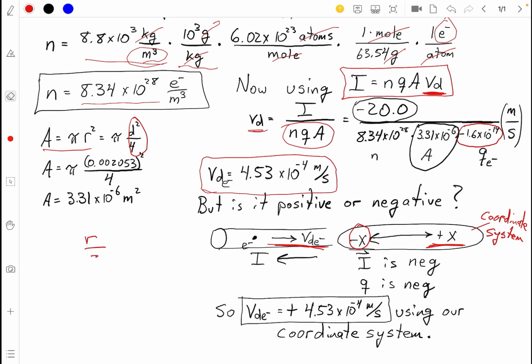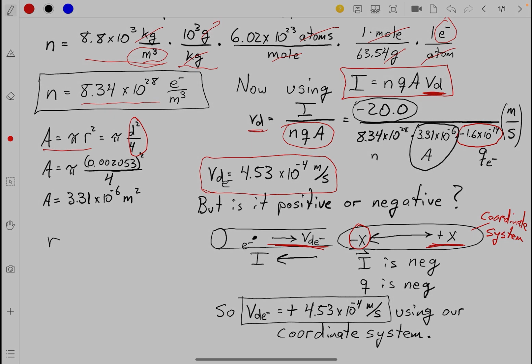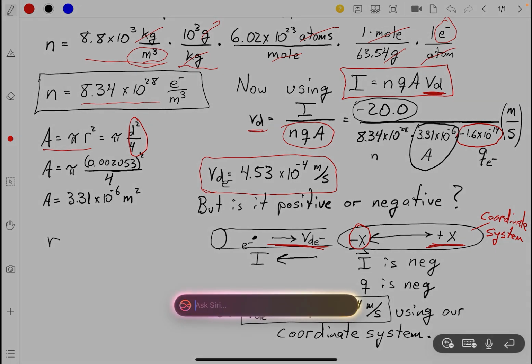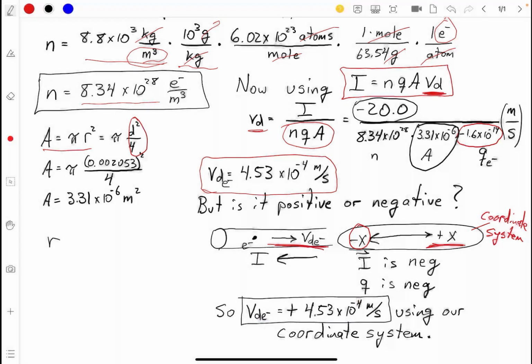Our radius is equal to our diameter divided by 2.